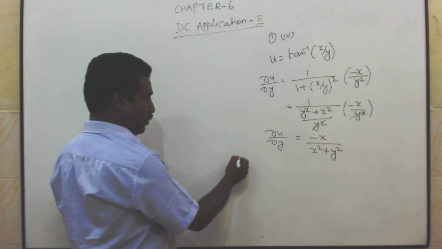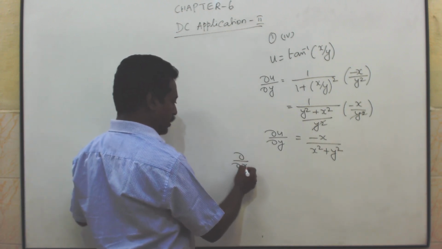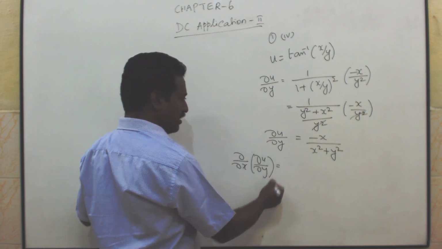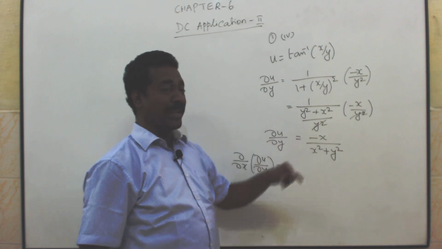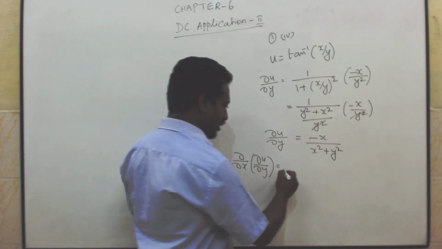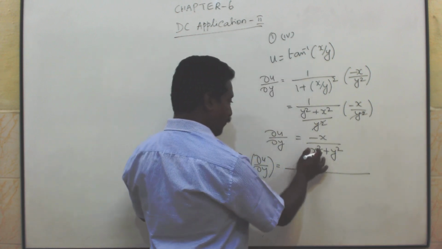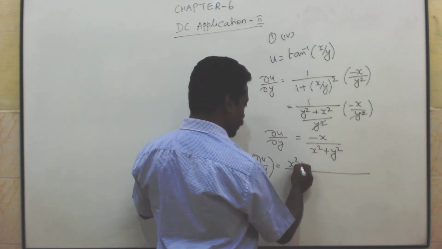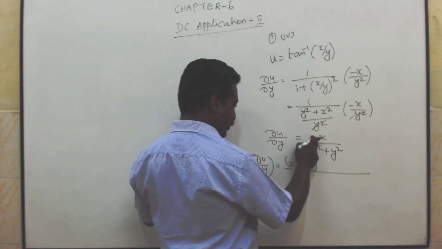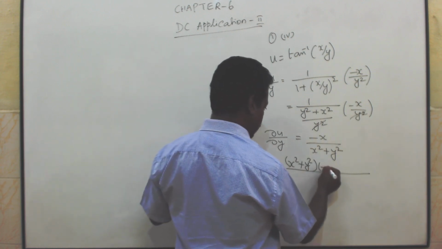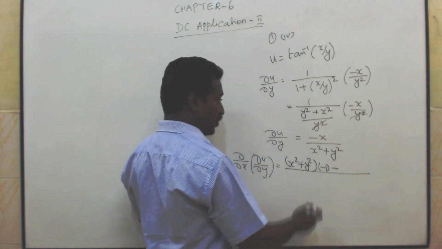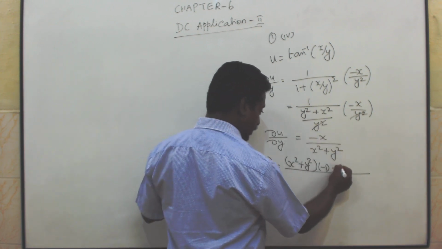Next you have to find dou by dou x of dou u by dou y. This is in the form of u by v, so the differentiation is (v u dash minus u v dash) by v square. Differentiation of the numerator with respect to x is minus 1. Minus u, minus of minus x, plus x.